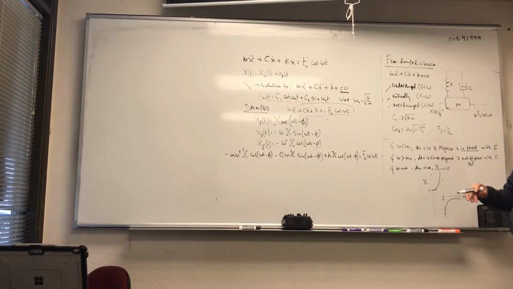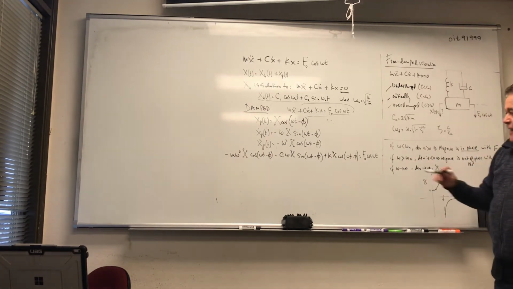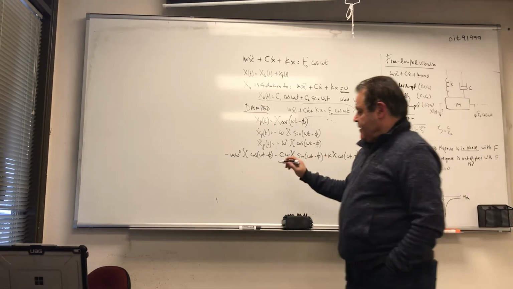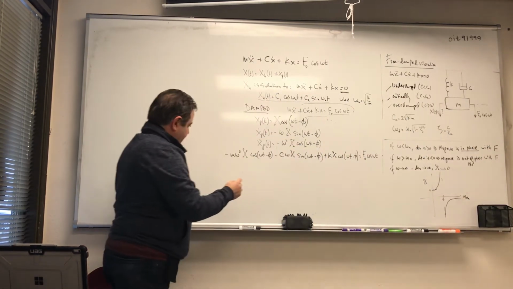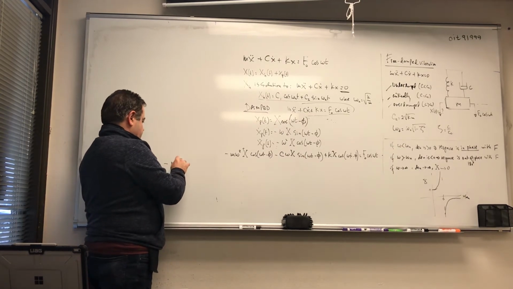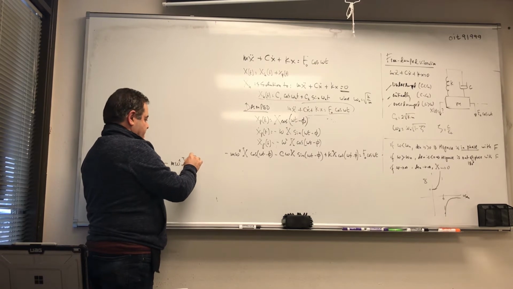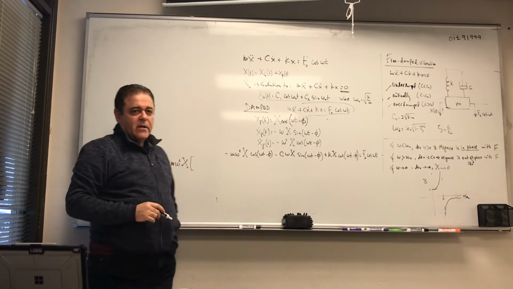It's going to be a fairly long derivation, but this is the way you're going to do it. I'm going to start from there, minus m omega squared x. You need to use the trig identities. What's cos A minus B?